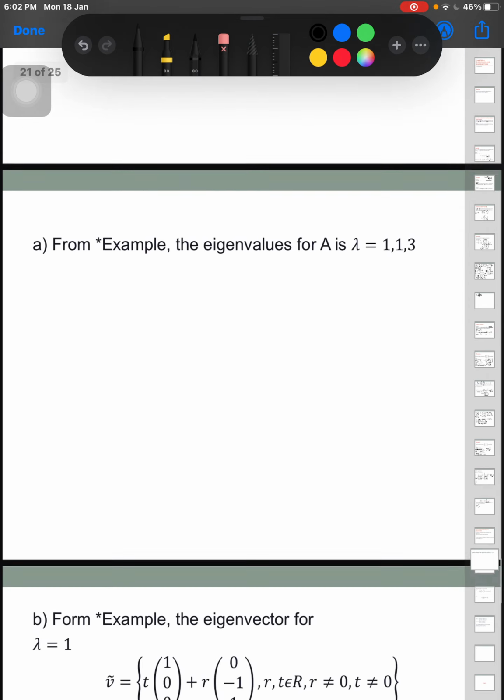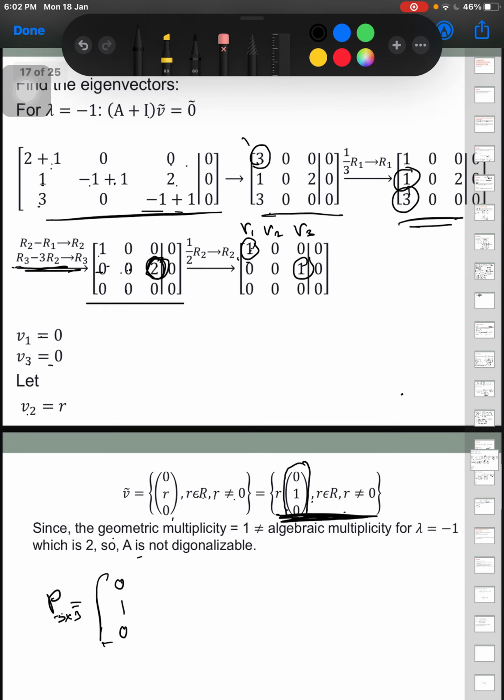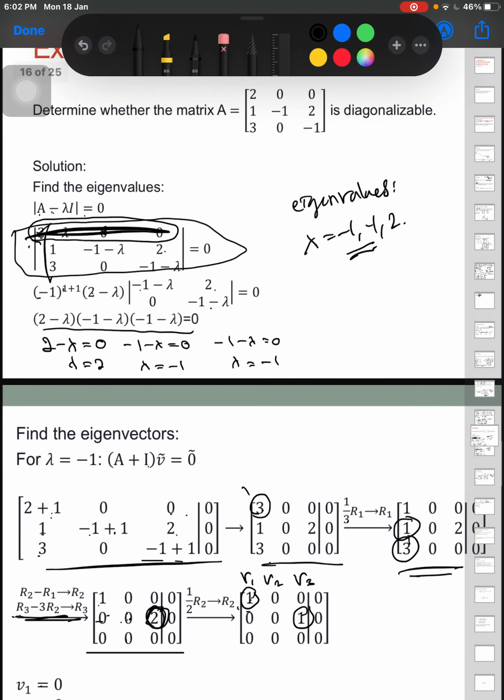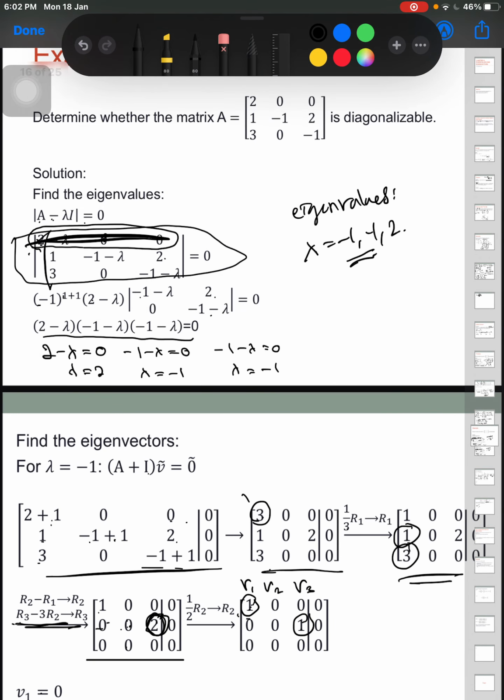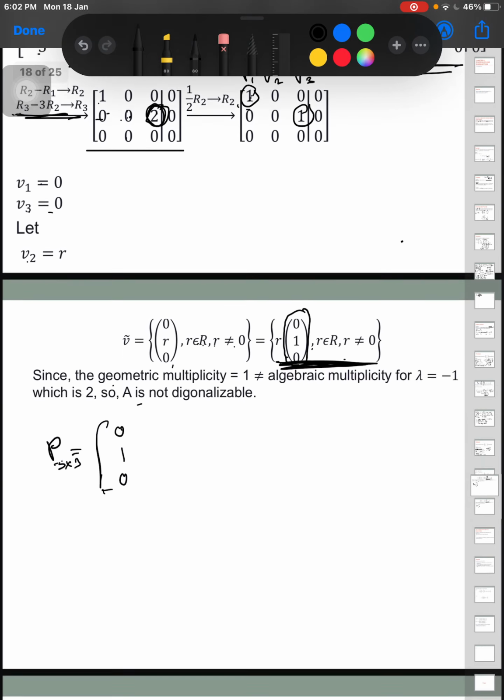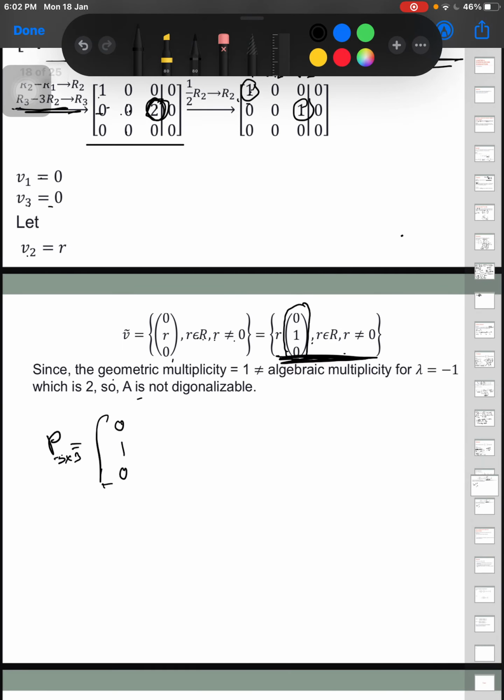Okay, so another 1 will appear for the second lambda, lambda equal to 2. So for lambda equal to 1 it gets 0, 1, 0. So for lambda equal to 2, we have here V1, V2 and V3. So it no longer becomes 3 by 3. So the matrix P does not exist. So that's why A is not diagonalizable.